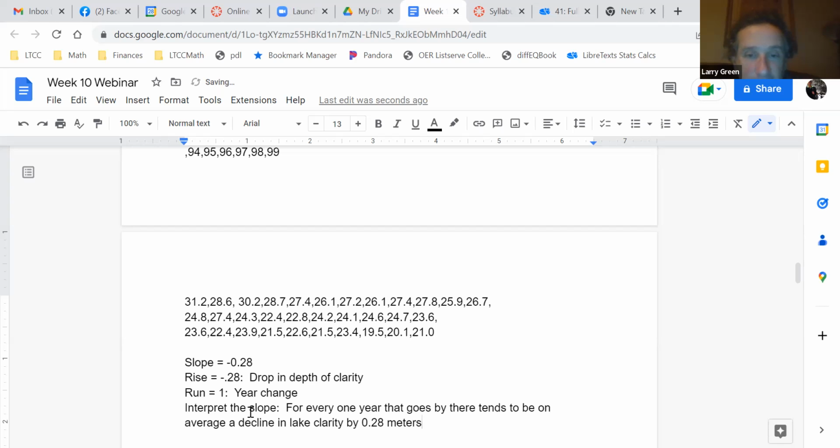And by the way, if I use the word decline, I don't have to use the word negative. If you're going to do it in words, usually don't use negatives. You turn it into words, and decline makes it a negative.